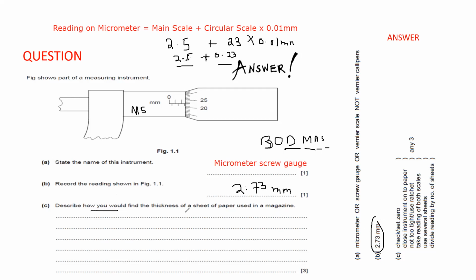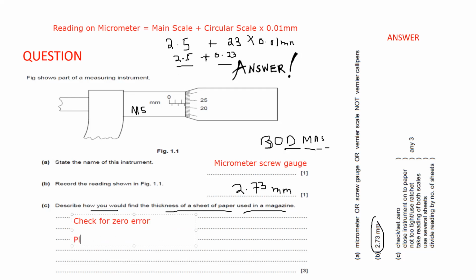Describe how you would find the thickness of a sheet of paper used in a magazine. So first thing, whenever you are using a micrometer, you should check for zero error.